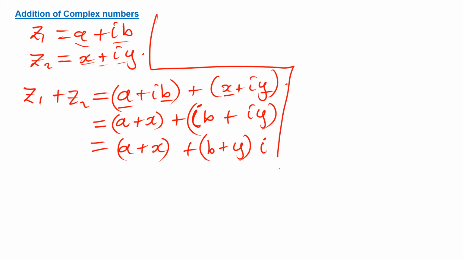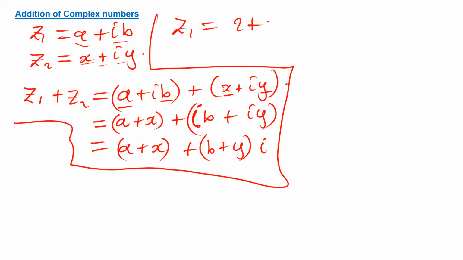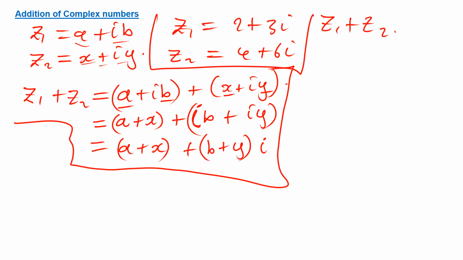All right, so let us take a practical example. We have Z1, which is 2 plus 3i. Then you have Z2, which is maybe 4 plus 6i. Then you've been asked to add these two complex numbers, Z1 plus Z2. So how do you do the addition? Let me add them using this space down.